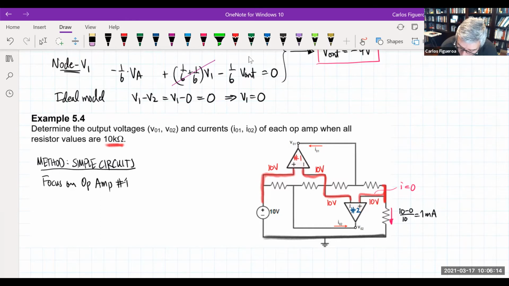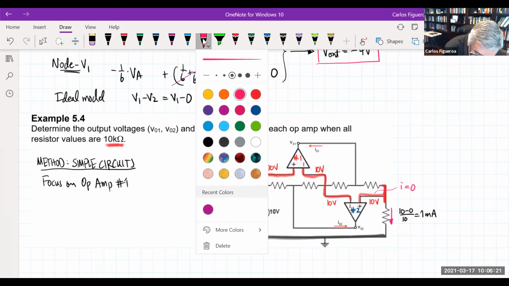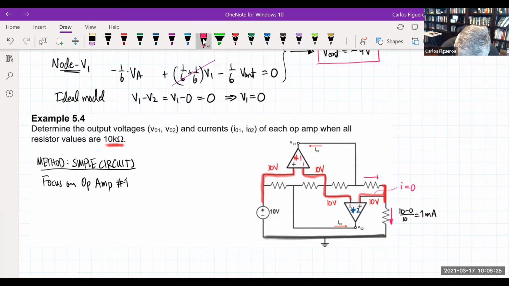And you're seeing here that that current's 0. So if that guy's 1 milliamp here, then I know that the current here is still moving in this direction. And this guy's going to be equal to what? 1 milliamp too. So just by looking at those nodes here, I know exactly what has to happen here.